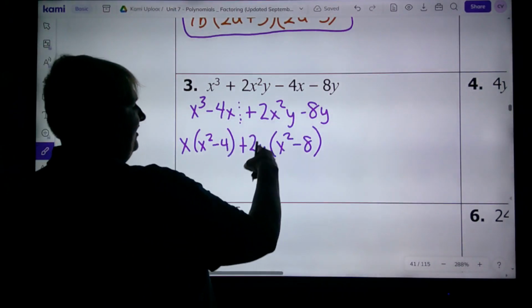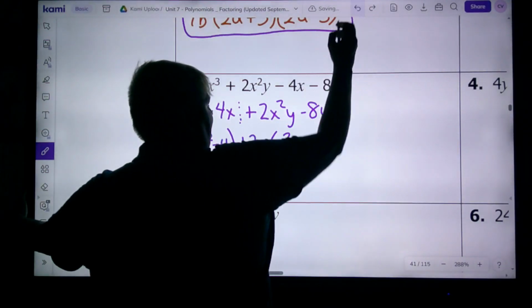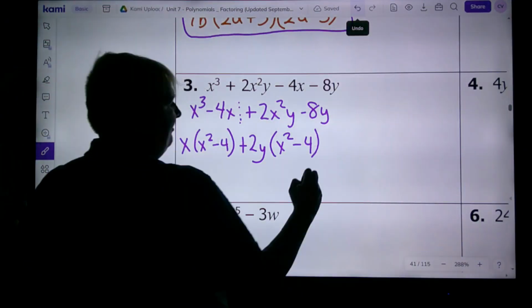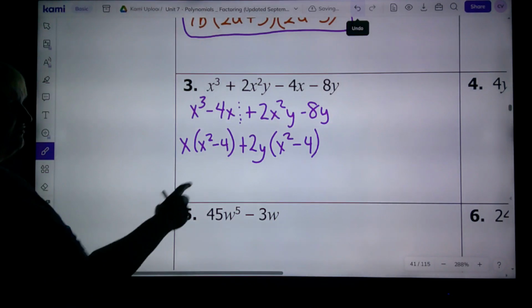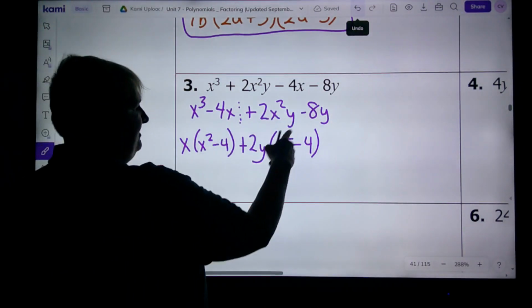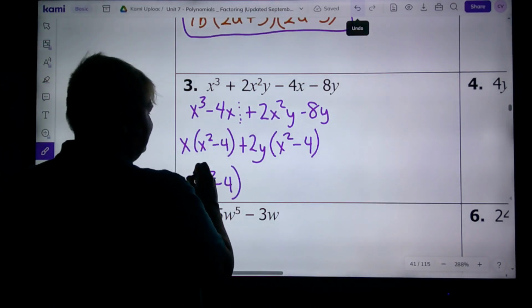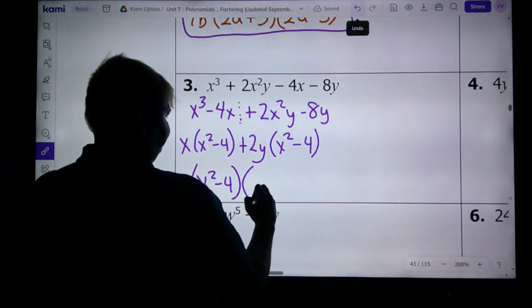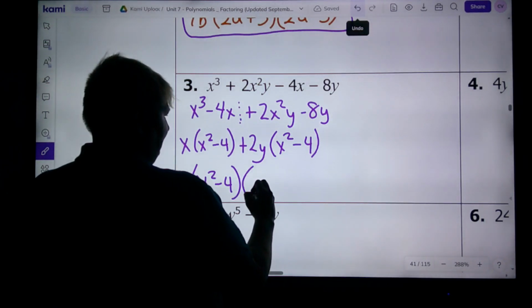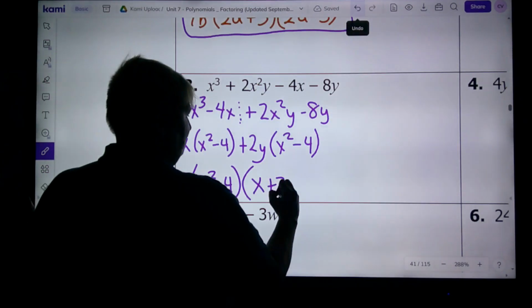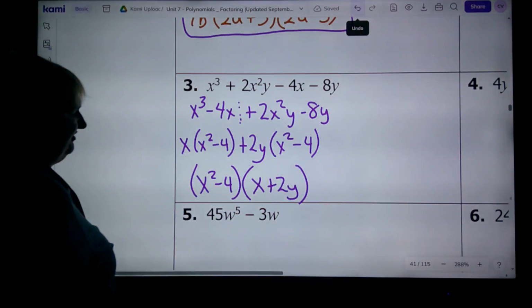Oh, look at that. No, 8 divided by 2. I thought I was going to be wrong for a second. You're right. So if I factor a 2y out of here and here, I'm again left with x squared minus 4. That's how I know I did it right. x plus 2y is what's left.